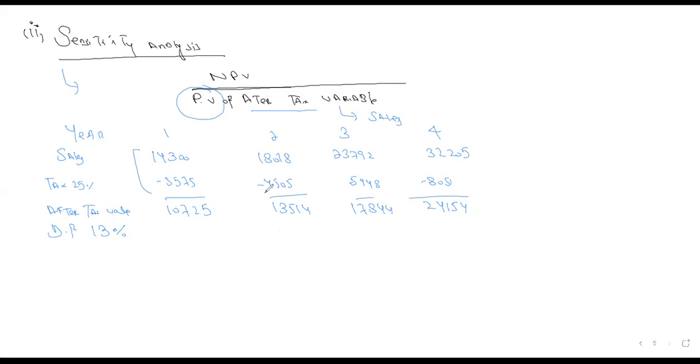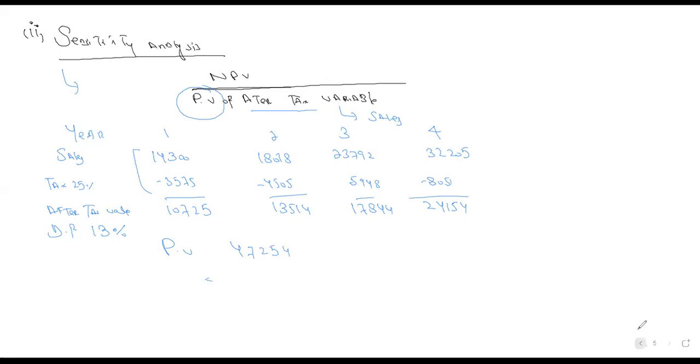Type the NPV formula: equal to NPV, 13%, select all the cash flows, and that's it. 47254. This is the present value.